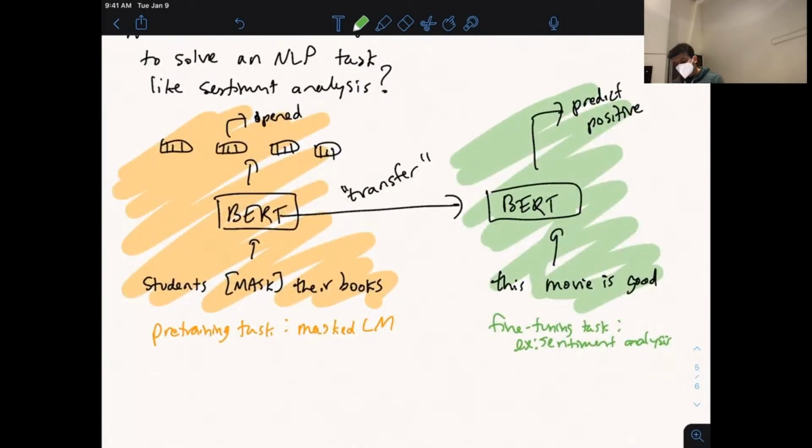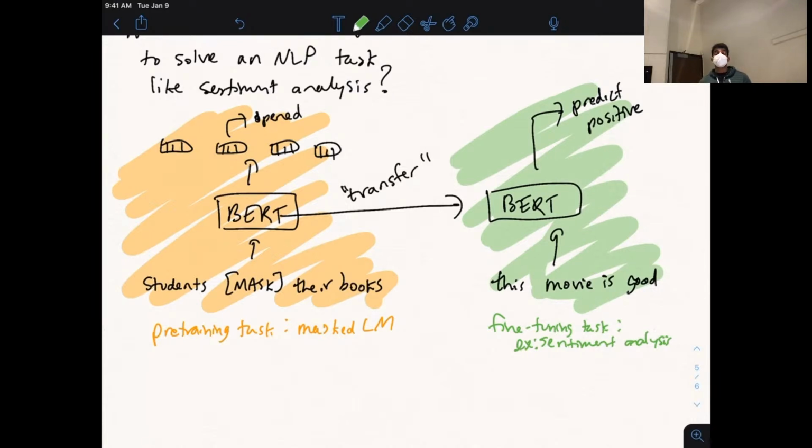So what does this actually mean? What does fine-tune mean? Let's take a look at the second phase here, when we already have pre-trained our BERT model to solve masked language modeling. How do we now get it to solve sentiment analysis? In Elmo, what we did was we took the hidden states, like these ones up here, and we put them as input to a different neural network to solve the sentiment analysis task.